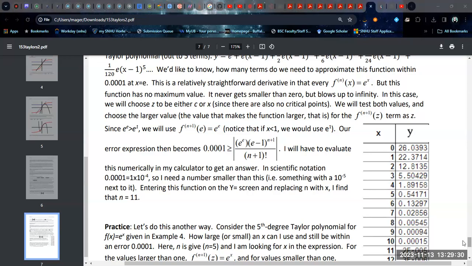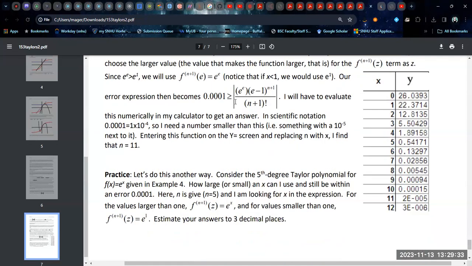So you can build a table of your estimates for the error and then figure out where that error falls below the desired value. And keep in mind, if you're looking for 0.0001, 0.00015 is too large, which means that you would need to go down to the next term.